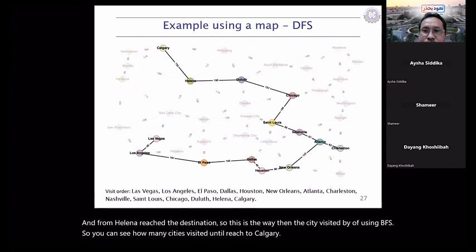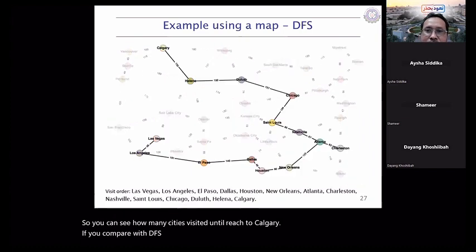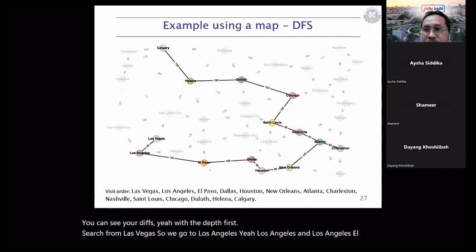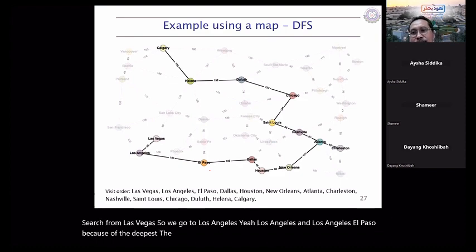If we compare with DFS, the depth first search from Las Vegas goes to Los Angeles and then El Paso, because it goes deepest until it reaches the destination. That's why DFS is sometimes more efficient.